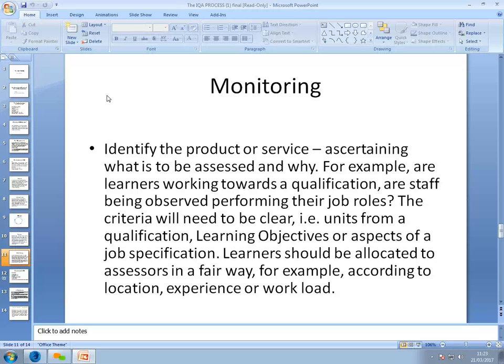The IQA is much more involved with the management of the process right away, and managers might not be in as good a position as the IQA to determine assessor workloads and what they've got to do. So it should probably be a discussion between those two as to how to set up and allocate the number of registered students to the assessors.